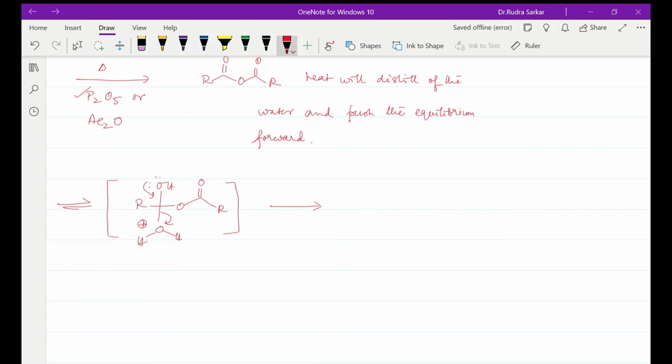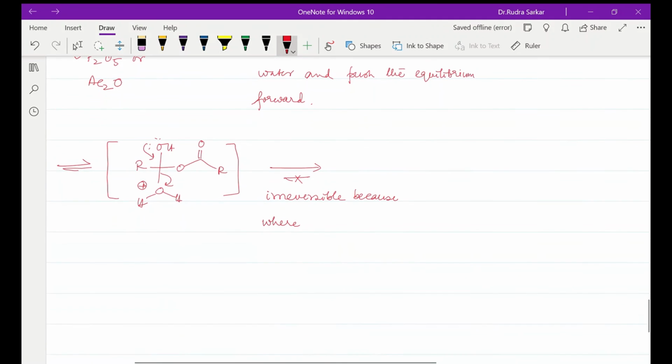and it is irreversible because we are maintaining reaction conditions where the side product is removed.